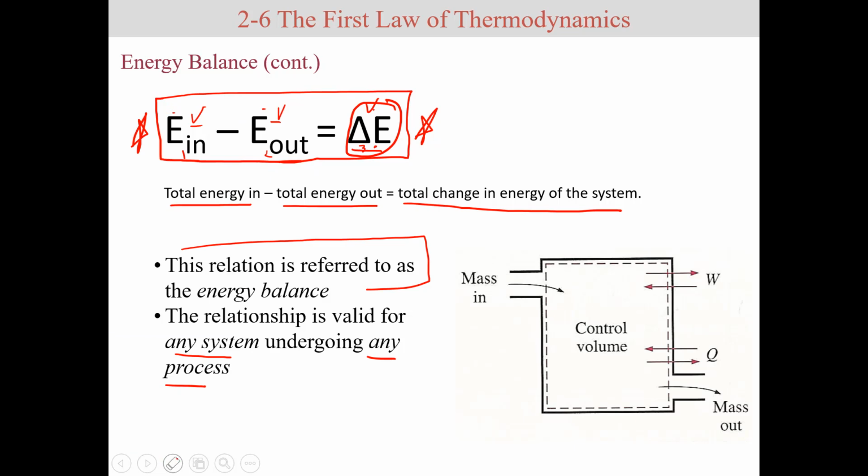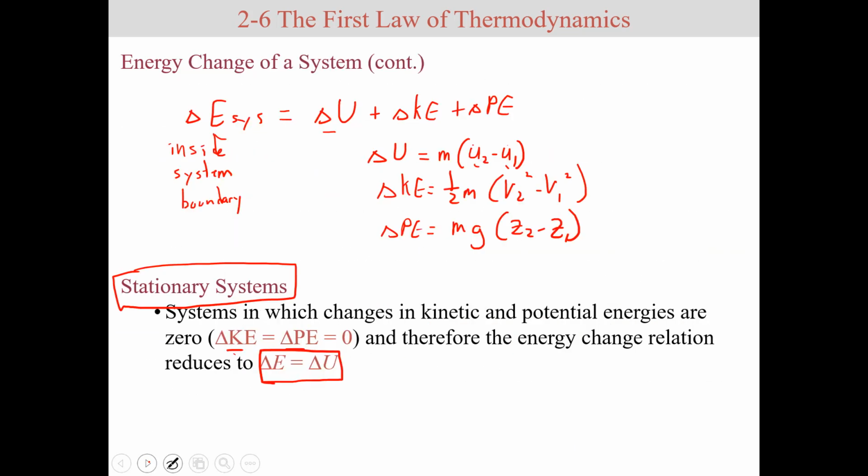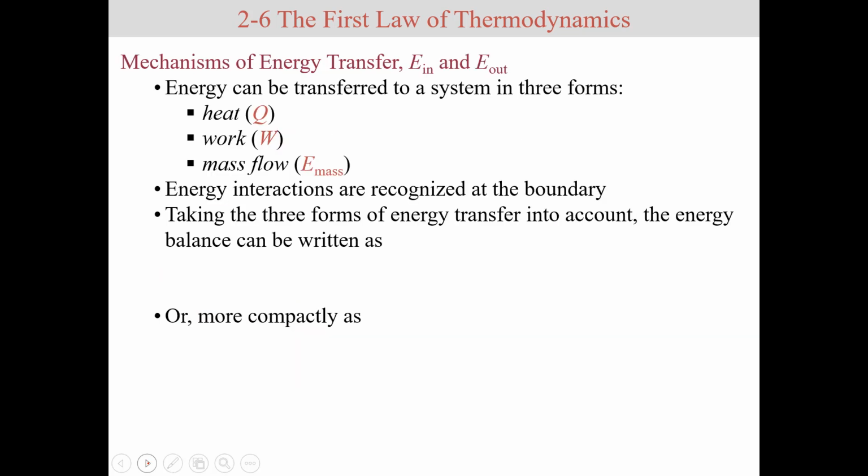So let's take that equation. Let's advance to the next slide past where we were and figure out how to quantify that one. So all the mechanisms of energy transfer are encapsulated in E in for going into the system and E out for leaving the system. And that energy transfer, this is not energy itself, this is energy transfer. This is energy in the process of moving from one point to another based on the process.